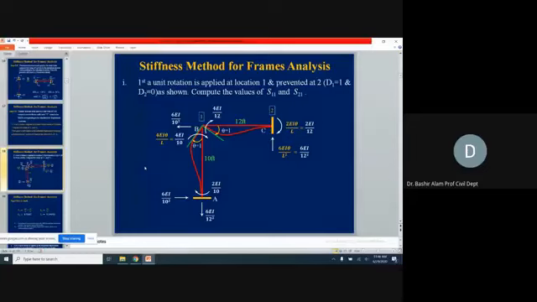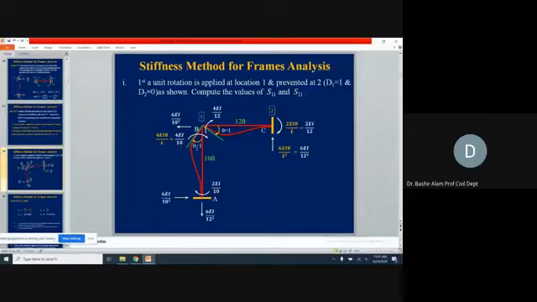Now let's start making the S11 and S21 values. So what will be S11? It will be the summation of moments at this joint A corresponding to D1. If you see, D1 was clockwise, so this 4EI over 12 is in the clockwise direction. And then at this B, from this member AB, we have a clockwise moment of 4EI over 10.